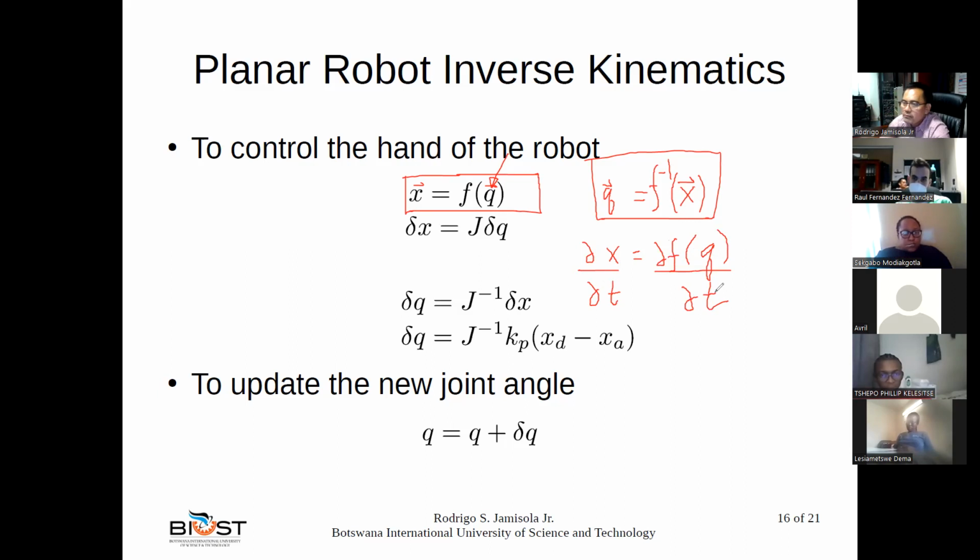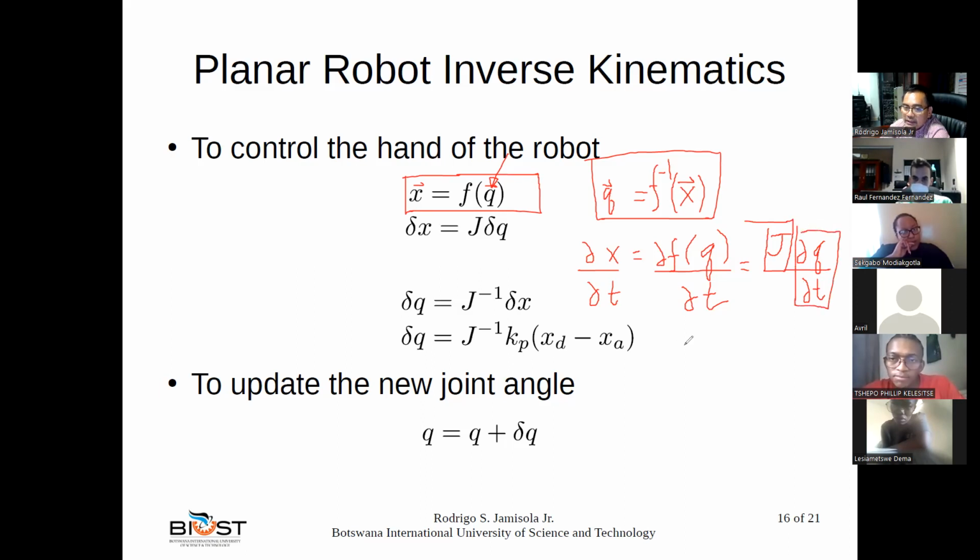So how do we expand this one? The partial of the forward kinematics function f will return a Jacobian matrix multiplied by the joint angle derivative with respect to time. Now it becomes linear, because that is a matrix and that is a vector.